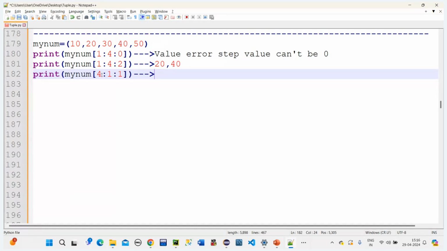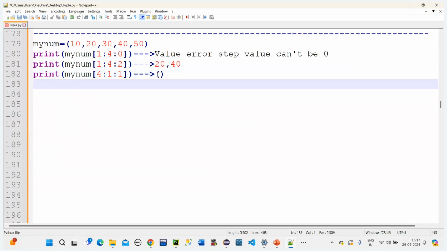Now can you tell me what is the output? 4 means what? 0, 1, 2, 3, 4, 50. Now we cannot go here, right? We cannot go towards right because nothing is there. From here we are starting, but it is asking us to go to what? 1. Is it possible to go to 1 again? No, right? So it means what? Here it is empty.